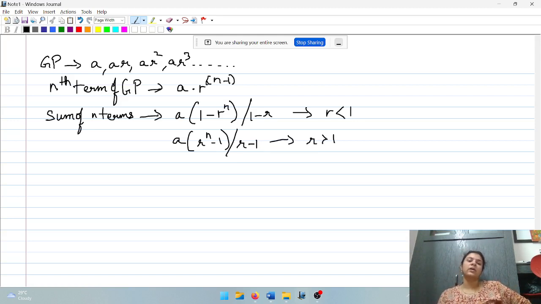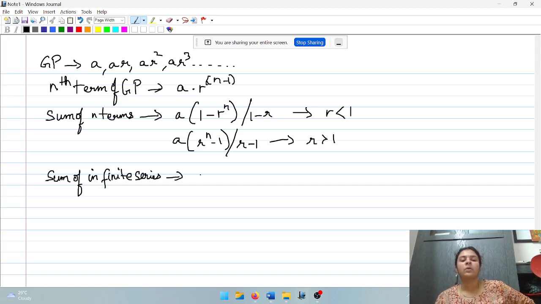So this is your reference for your sum of n terms of a GP. So if the ratio is less than 1 or greater than 1, we'll decide. Now when it comes to a GP, we can find the sum of infinite series. How to find out the sum of infinite series?